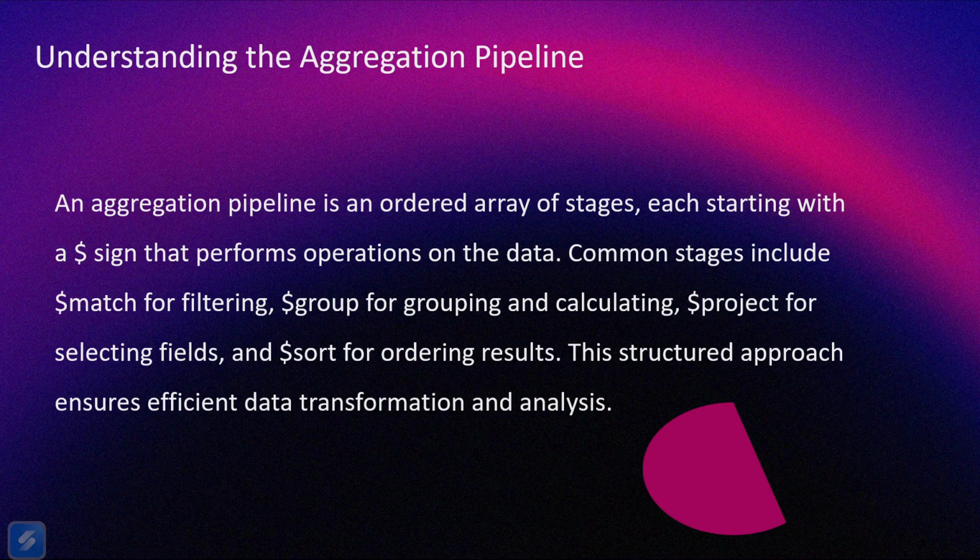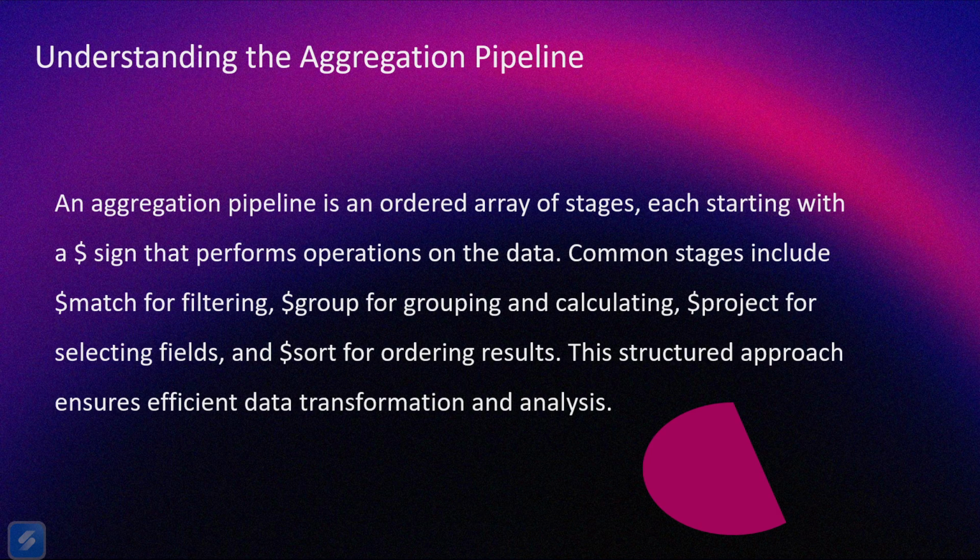Let's understand the aggregation pipeline. An aggregation pipeline is an ordered array of stages, each stage starting with a dollar sign that performs operations on the data. Which means an aggregation pipeline is an ordered list of stages, and each stage starts with a dollar sign and performs a specific operation.